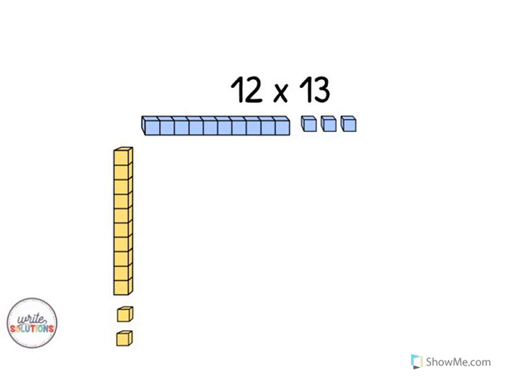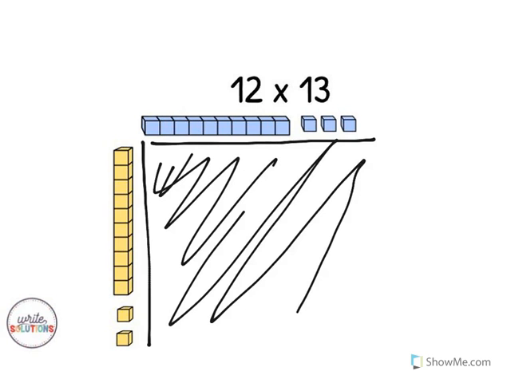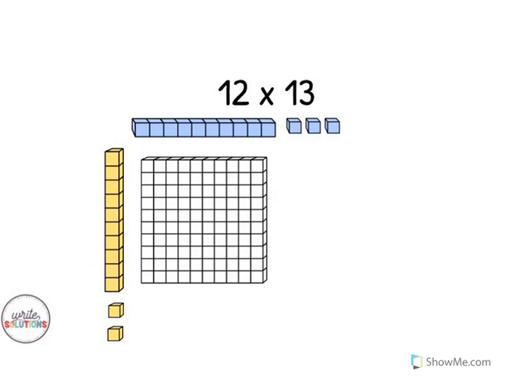So this is how we set up our area model. Our two factors are set up on the outside of our model, and inside we'll be creating an array, which is often used to multiply. We start by multiplying this 10 by this 10, and when we do that, we get 100.